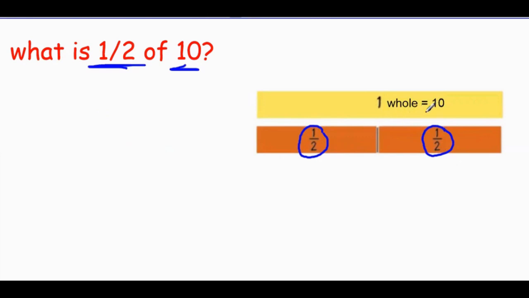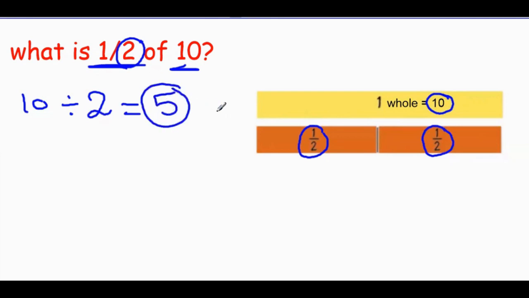The same principle or idea. To find 1/2 of 10, you should break the whole 10 into two equal parts by division. So first, you have to divide 10 by 2. This means you make two equal parts from the 10. So each part will be 5.